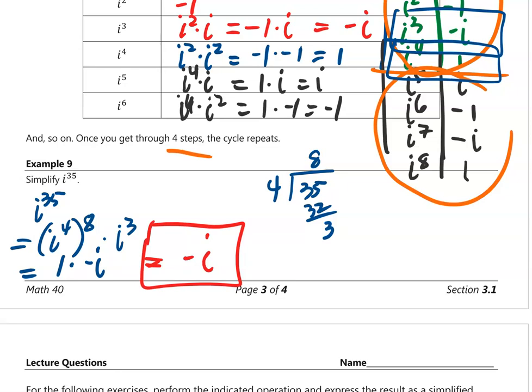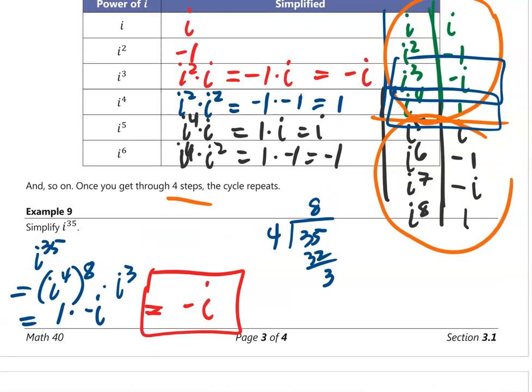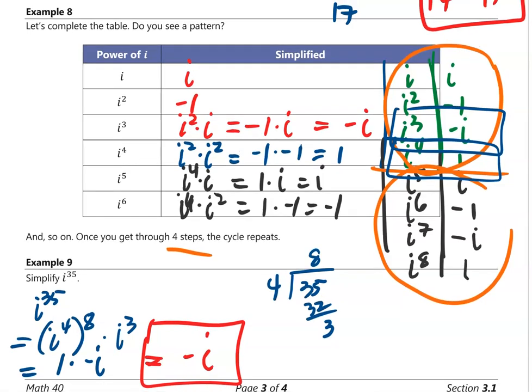Again, all you have to do is take whatever your exponent is and divide it by 4. Another way to remember this is with the remainder R. Since you're dividing by 4, you will always get a remainder of either 1, 2, 3, or no remainder, 0.